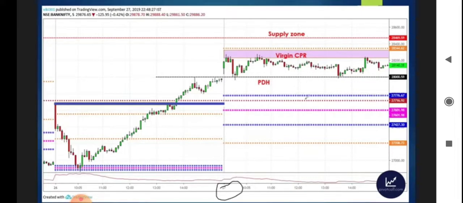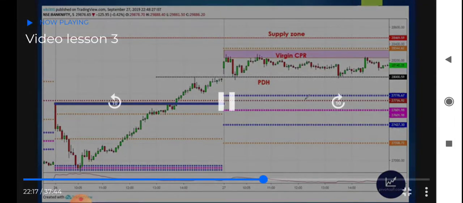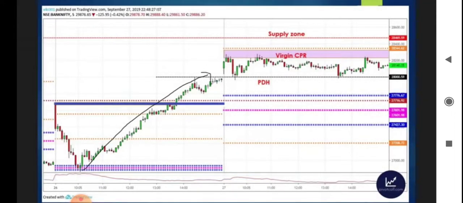Now let us see in the live market what could have happened, how novice traders get trapped, just looking at the candlestick and trading. Look at this. The previous day was such a huge day in Bank Nifty, right? So a novice trader thinks that today also it will go like this because the market opened with a bullish candle, a bullish pin bar, and they start going long.